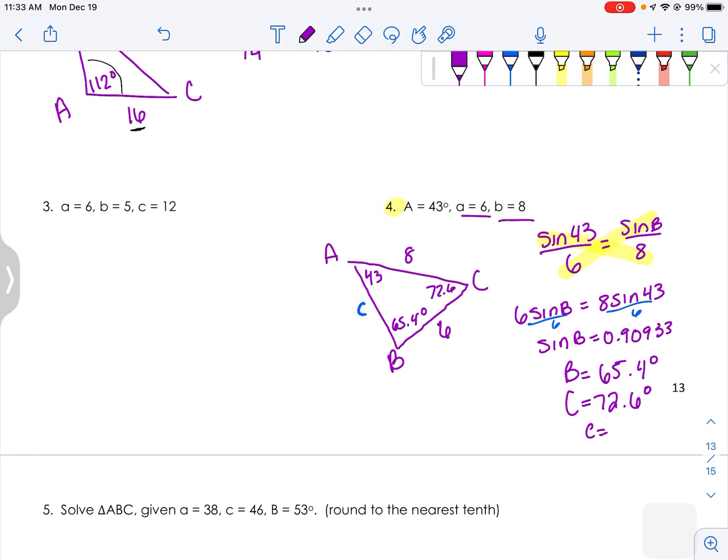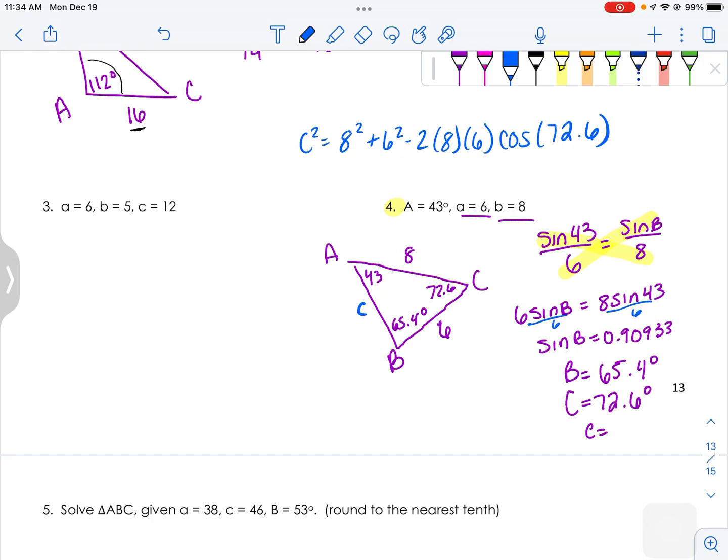You could do law of cosines or law of sines. If you did law of cosines, you would say that C squared is equal to 8 squared plus 6 squared minus 2 times 8 times 6, and then use the cosine of the angle across from it. And then plug that in, take the square root. Or you could do law of sines.